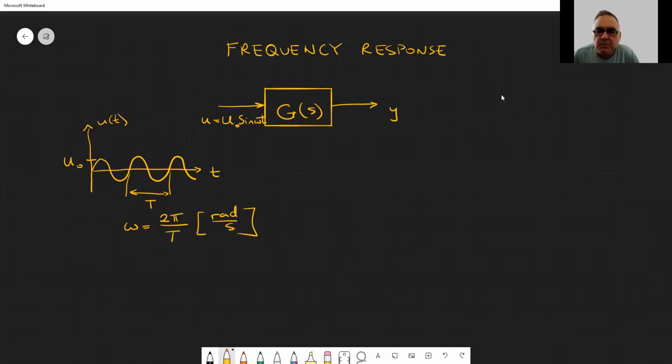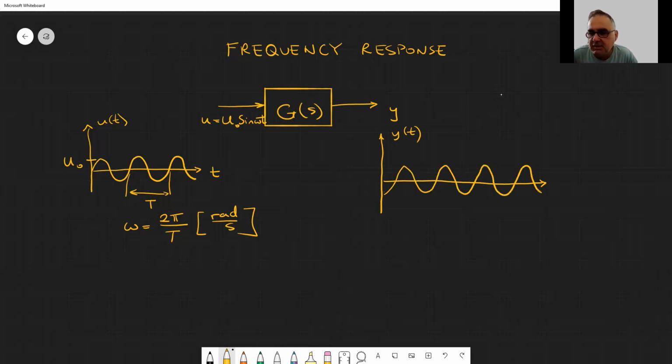Now, we want to find what kind of output this system is going to have. As we will be seeing, the output y(t), when things settle down, that is, in the steady state, is also going to be some kind of a sinusoid, whose magnitude will be y0, let's say, and its frequency will again be omega.